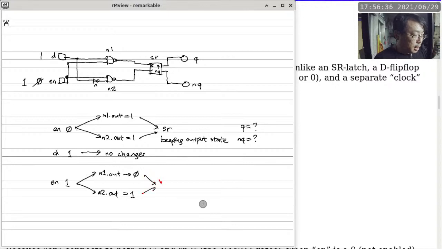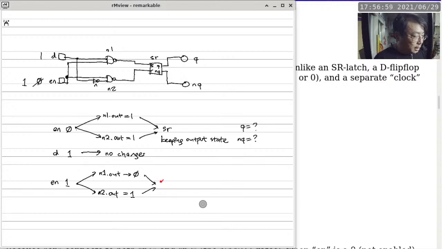Now we look at the SR latch. As far as the SR latch is concerned, the input pin S is a 0, and the input pin R is a 1. From the analysis that we have done yesterday, we know that is going to cause the SR latch to change Q to a 1 and NQ to a 0.